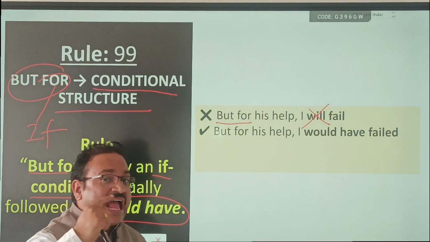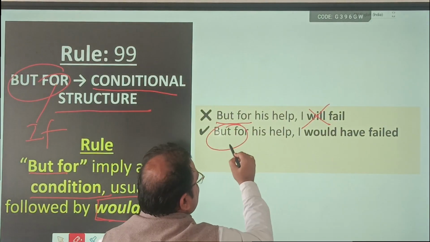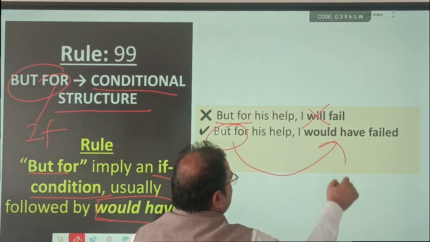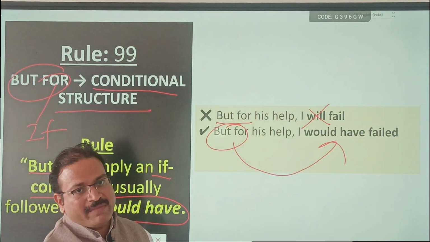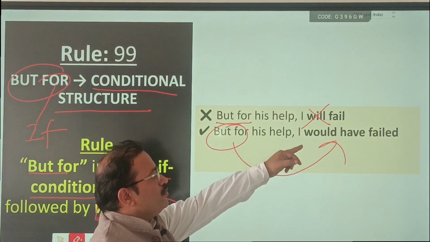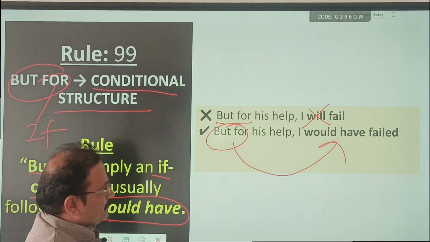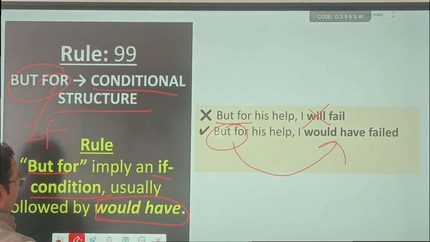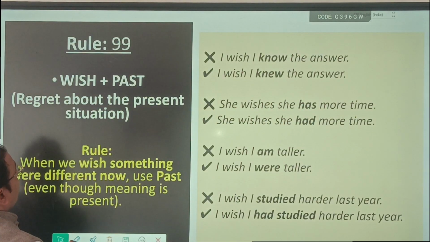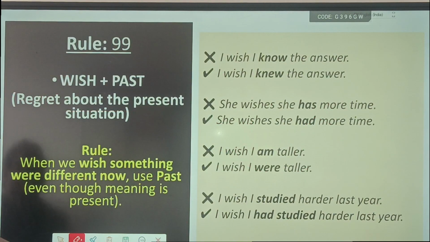Like you remember, had is followed by would have. So but for is also followed by would have. This is another rule you have to keep in mind.